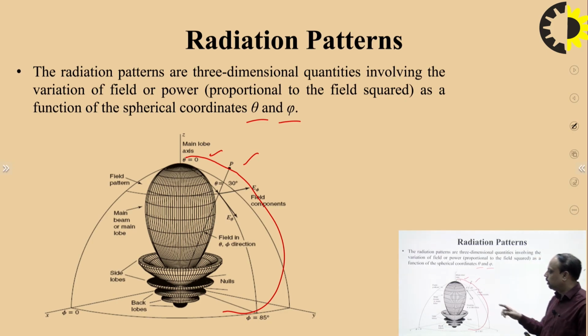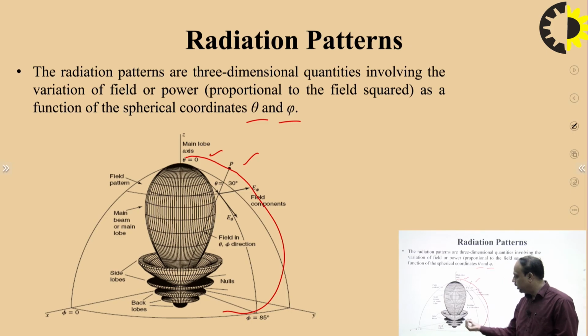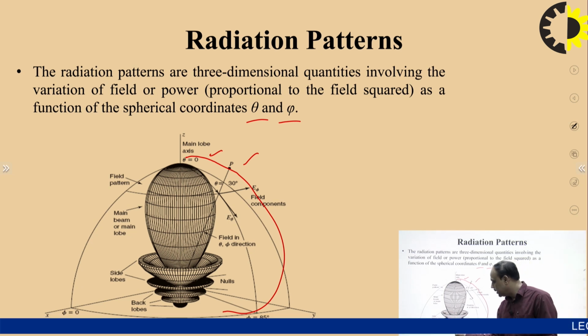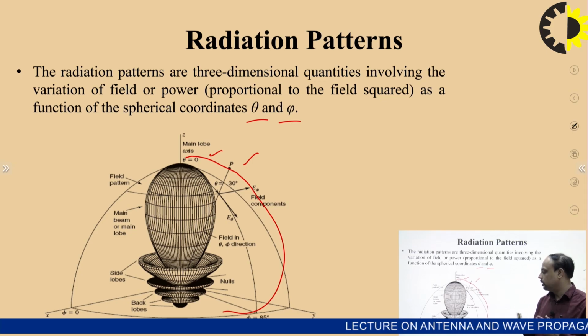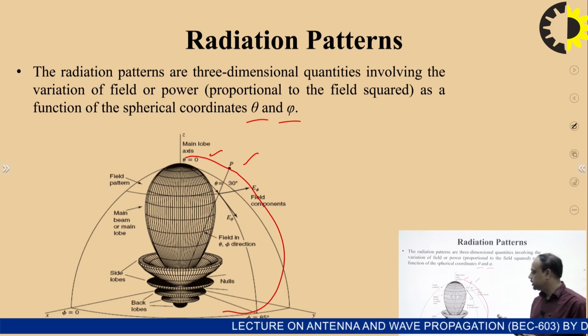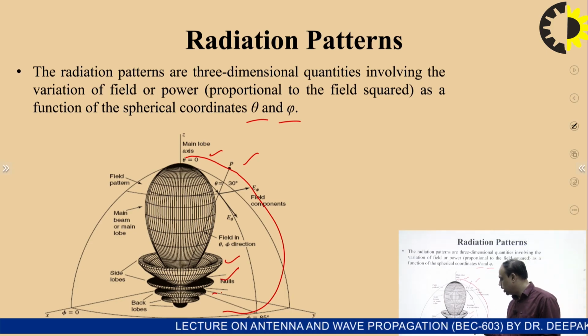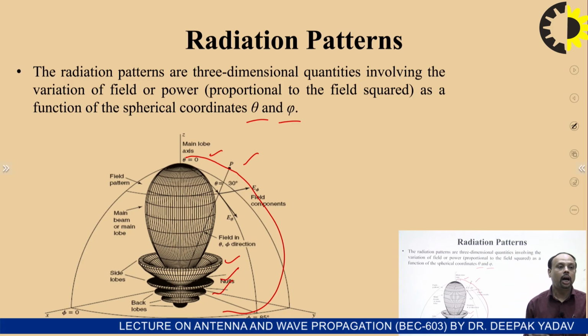Okay, so for the total radiation field, if the antenna is over here, the field is radiated in the positive z direction, and this is the main lobe of the radiation, and these are the different side lobes, and this is the back lobe of the radiation. We want to transmit most of the power in the desired direction, but due to imperfect matching with the space or defects in the antenna design, side lobes can be generated which radiate power in the unwanted direction.